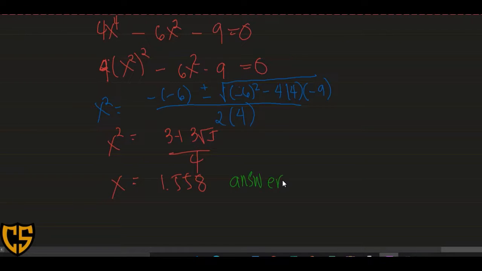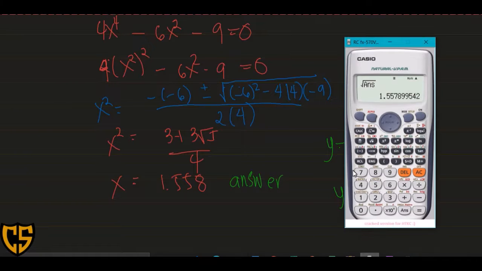Now we are going to find the value of y by substituting. For y, that is 1 all over x. So that is 1 all over 1.558. This is equivalent to y equal to, dividing 1 by the answer, 0.642.